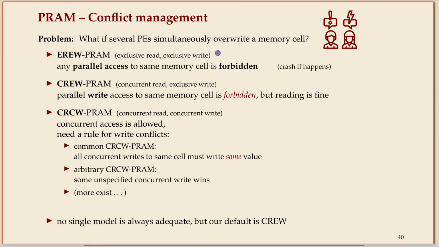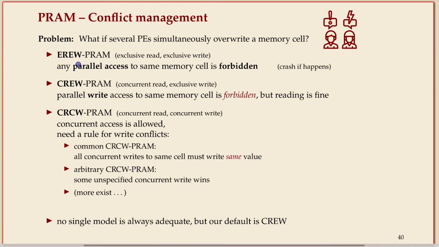One would be you completely forbid this. The EREW PRAM says all reads and all writes of all the processors have to go to different locations. If your program doesn't ensure this, the machine will explode or whatever. I mean, it crashes with some error. It's not allowed. Your program wouldn't compile or something like this.